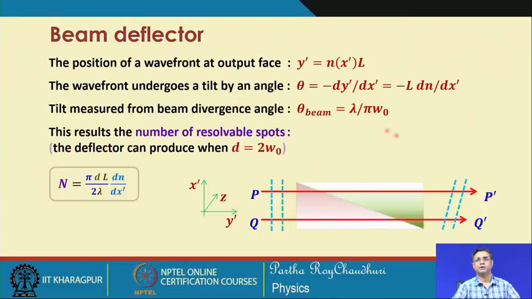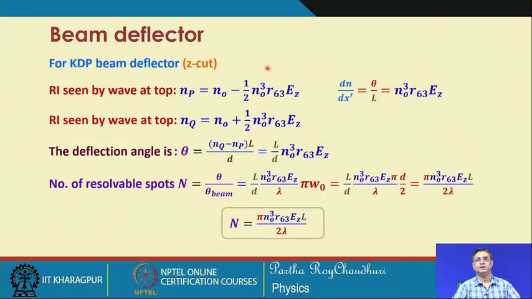For the upper part of the beam, which travels in an effective refractive index n p equal to this, and for the lower part of the beam, which travels through an effective refractive index n q, the induced birefringence between them is just the difference of this, and L into dn/dx is the deflection theta, equal to L times dn/dx prime.